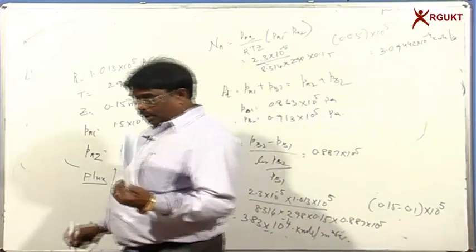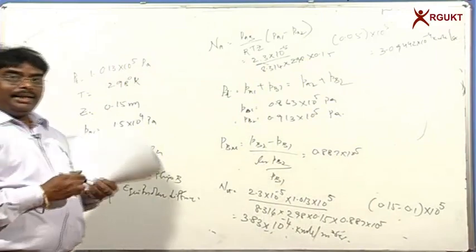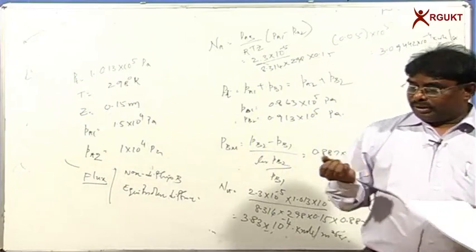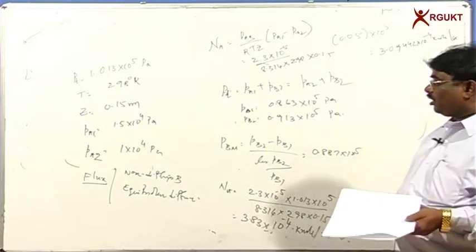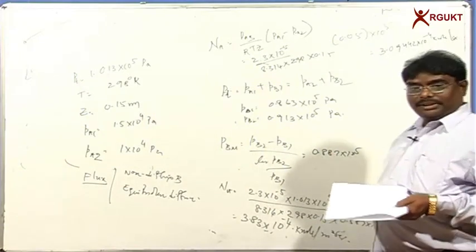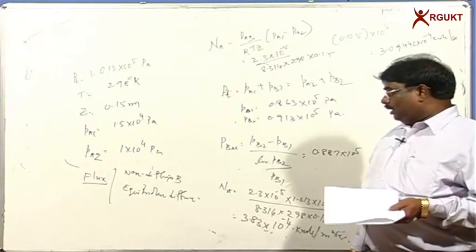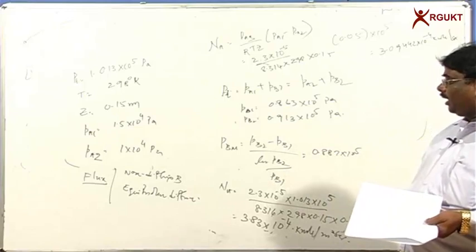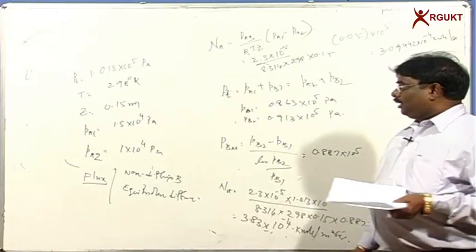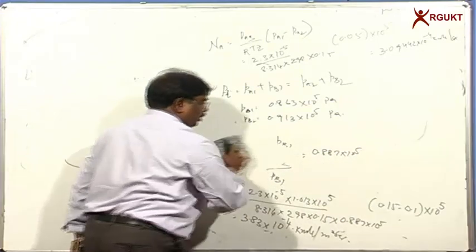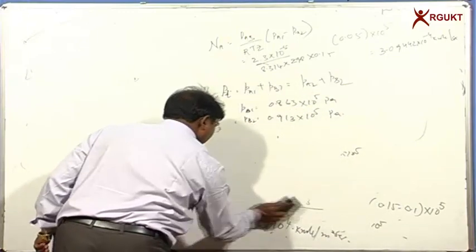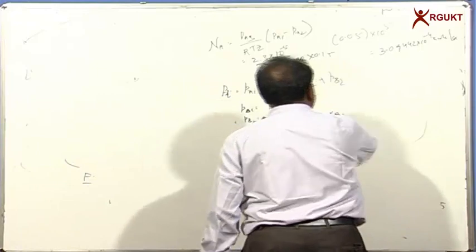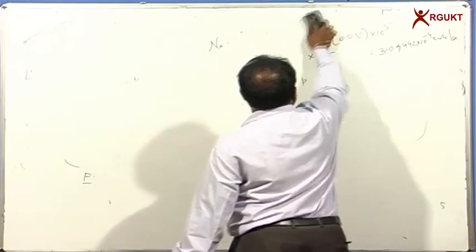So this problem clearly indicates how to calculate the flux for two cases, the equimolar counter diffusion case as well as the non-diffusing B case, where both A and B are gaseous components. Then we can discuss one problem on diffusion of A through B, where A and B are liquids.